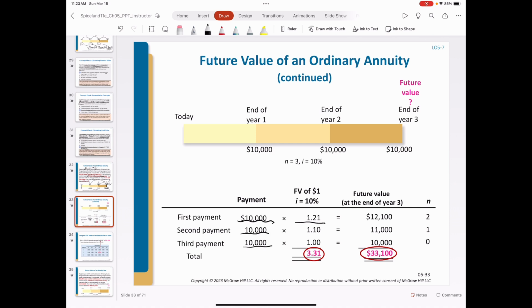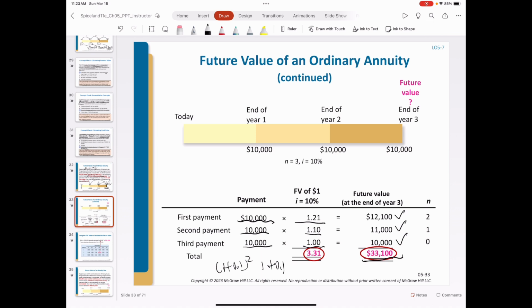So the calculation is, we use the amount of payment multiplied by the future value factor for each cash flow. 1.21 is actually 1.1 squared. Next one is 1 plus 10%. Finally, we have the future value of each cash flow.